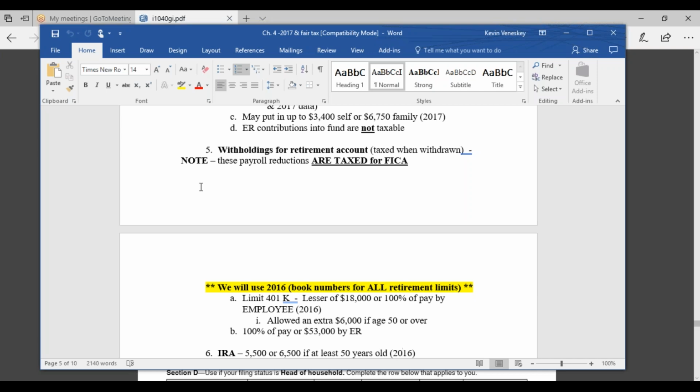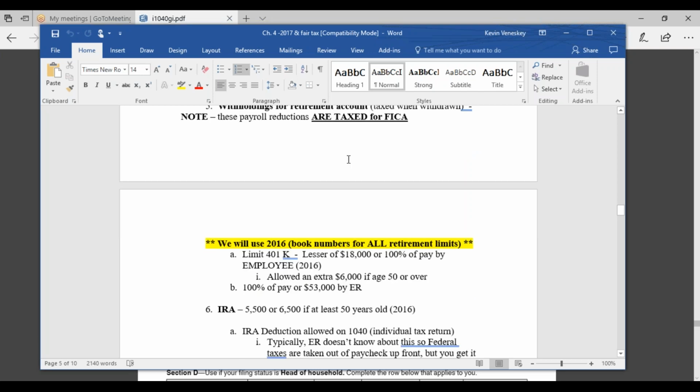Your federal taxable should always be the same as FICA or lower, never higher. So if you're looking at a W-2, box 1 should always be the same as box 3 or lower. Box 1 should never be higher because box 1 is the federal, and federal you get to take money and not count your retirement withholdings, whereas with FICA you do have to count those monies that were withheld.